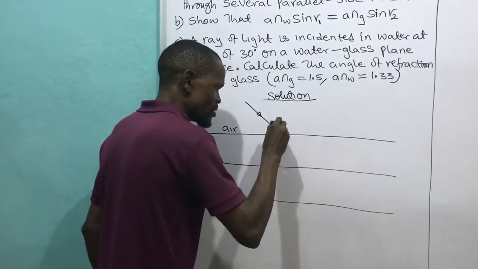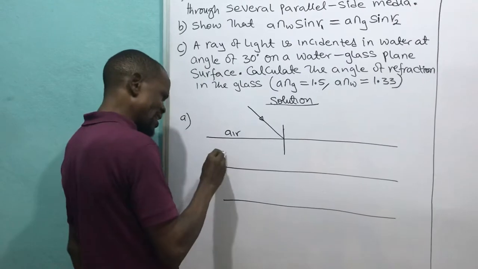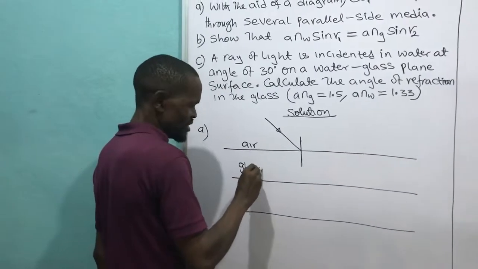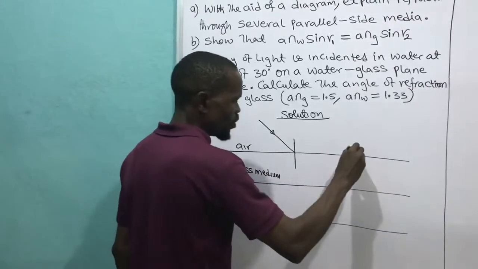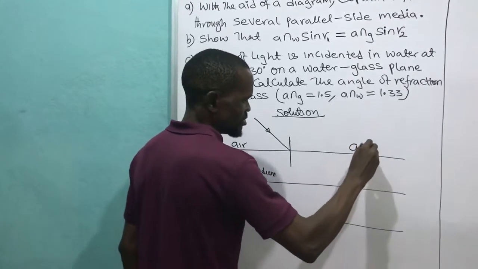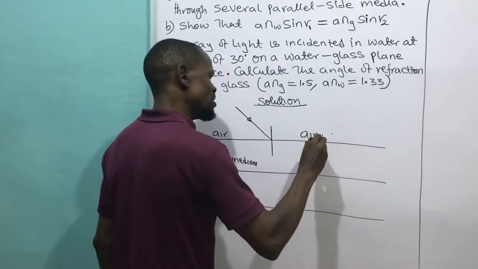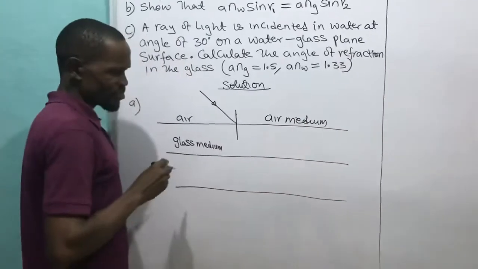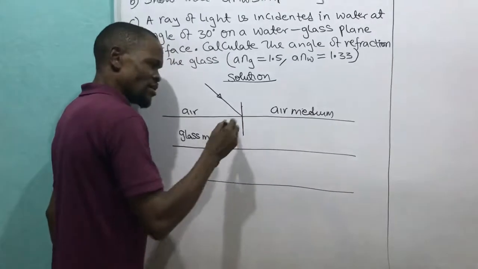I call this medium here glass medium, and this one air medium. I think you are following me. Then this ray entering inside the glass, what happened?